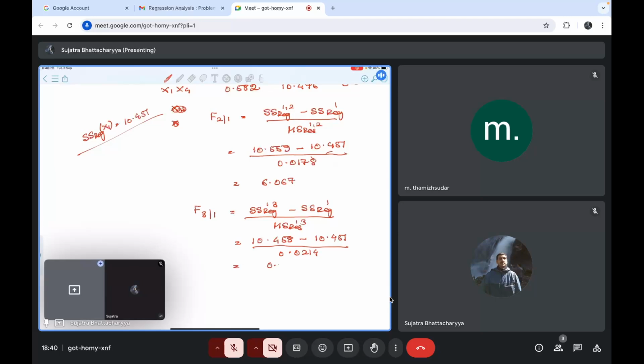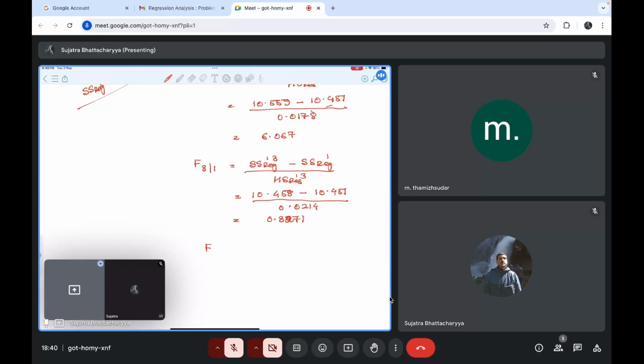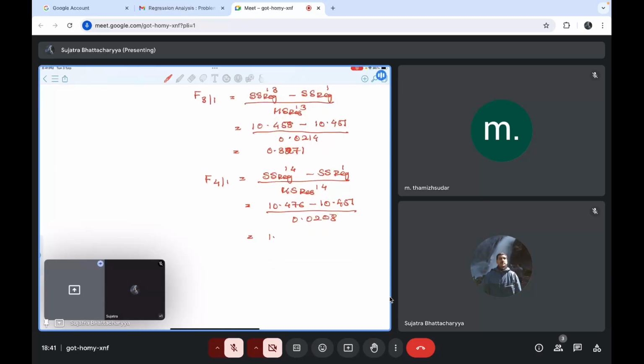That is 0.3271. And finally, F of 4 in the presence of 1, which is SS regression of 1, 4 minus SS regression of 1, divided by MS residual of 1, 4. So it's 10.476 minus 10.451 divided by 0.0208. This gives you 1.20.